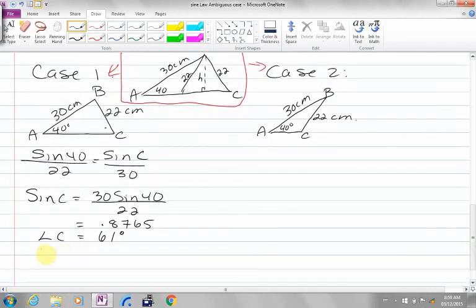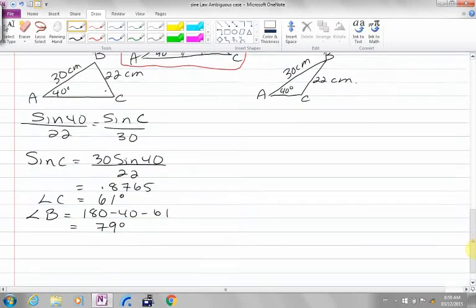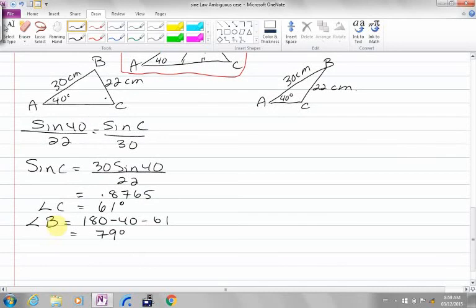Once we know what angle C is, then we can easily find angle B by going 180 minus 40 minus 61. So angle B is going to be 79 degrees. And now all we have to do is find side B by using the sine law again, and I'm going to use my original information always.